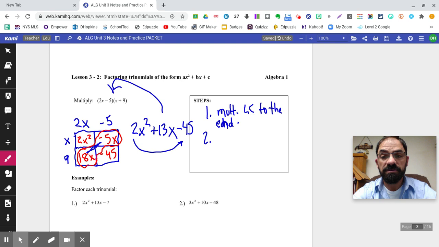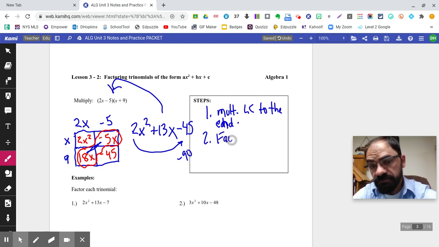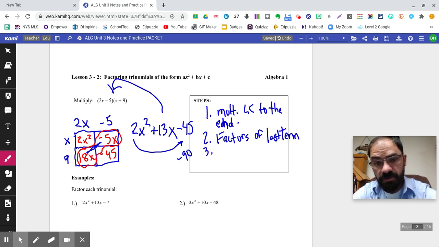Step 2 is find factors of the last term. So 2 times 45 is -90. Factors of the last term. Those factors have to add to get the middle term.